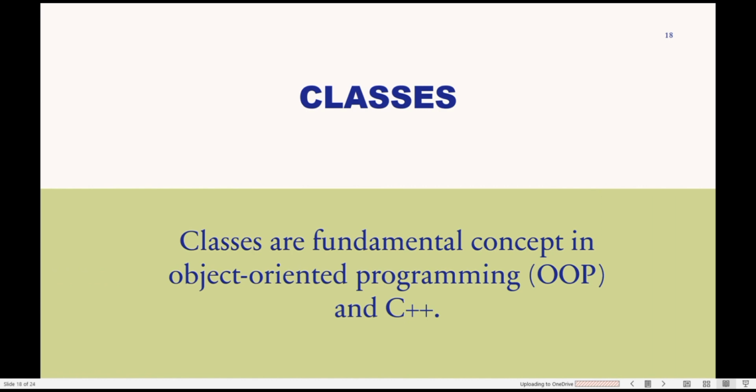Classes are a fundamental concept in object-oriented programming, or OOP, in C++. They allow you to define custom data types with their attributes and behaviors. Classes provide a blueprint for creating objects, which are instances of the class.